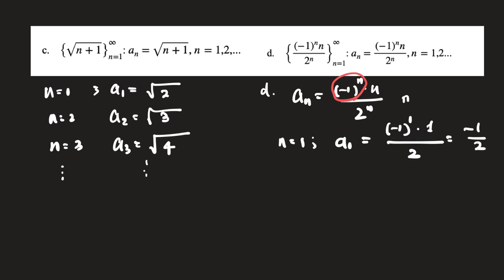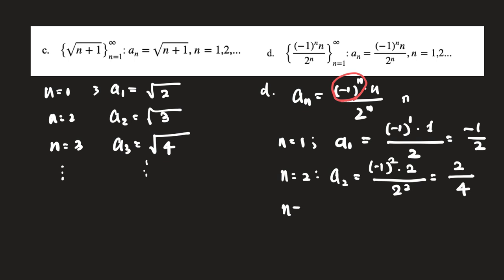That's the first term. n equals 2, a2, negative 1 squared times 2 over 2 squared: negative 1 squared is positive, 2 squared is 4. n equals 3, a3, negative 1 cubed times 3 over 2 cubed, that's going to be negative 3 over 2 cubed.